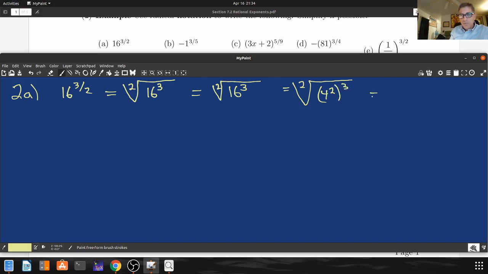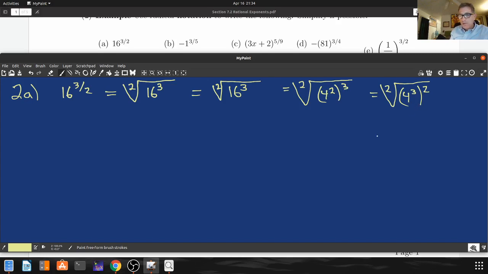But that's equal to the second root of 4 cubed squared, because 2 times 3 is the same as 3 times 2.